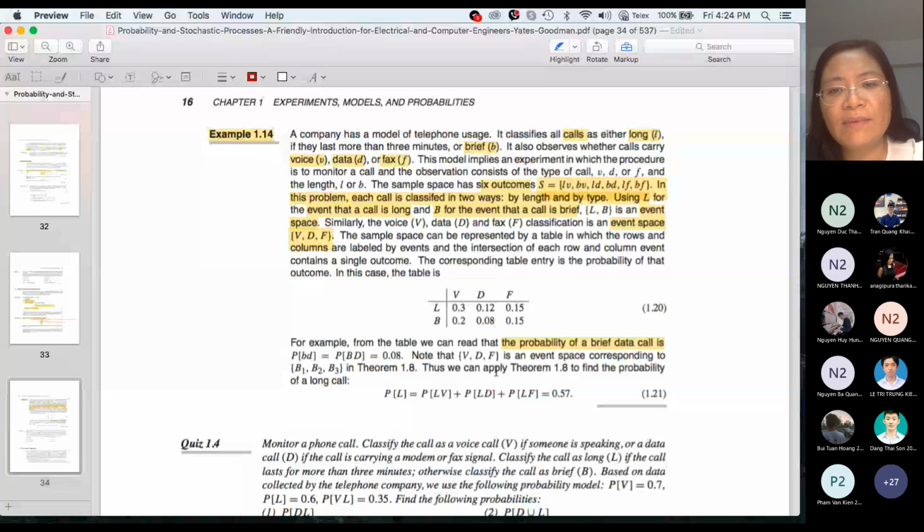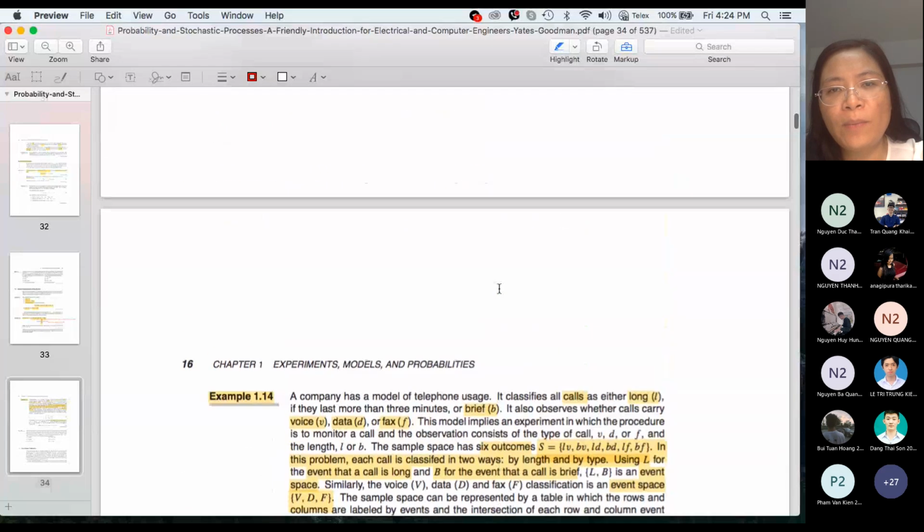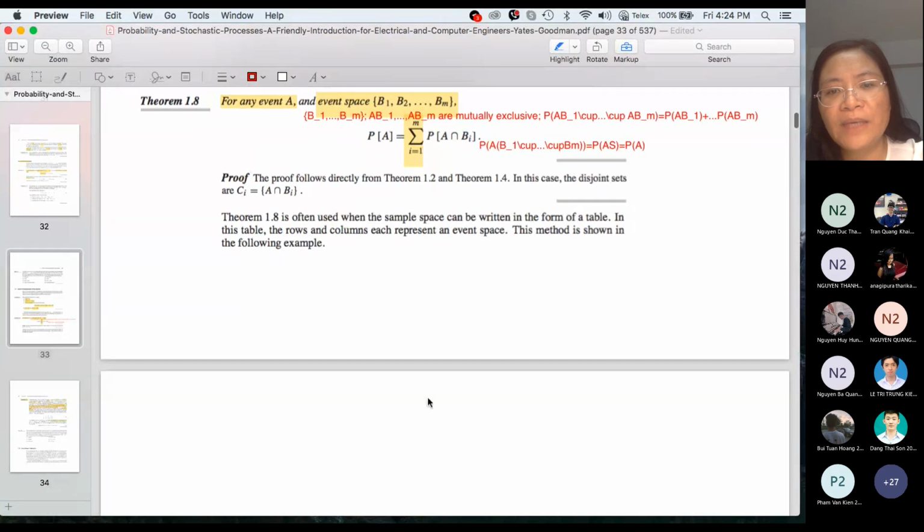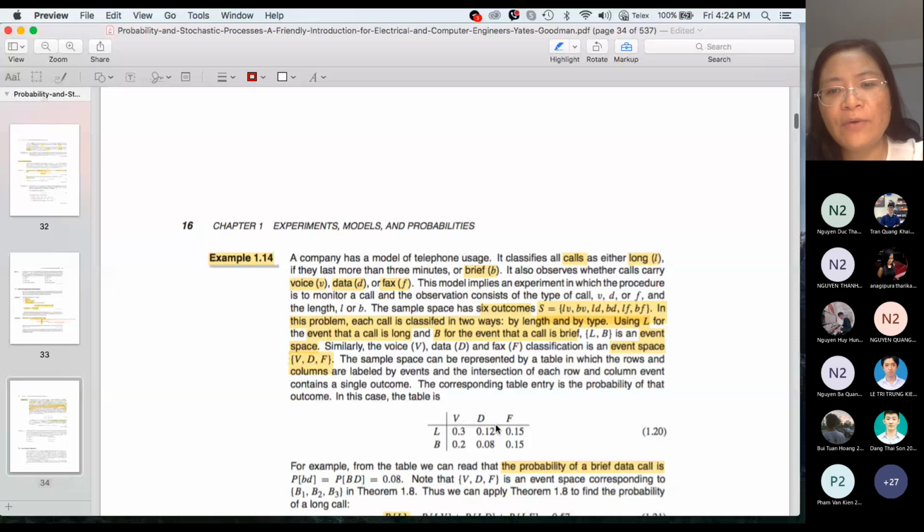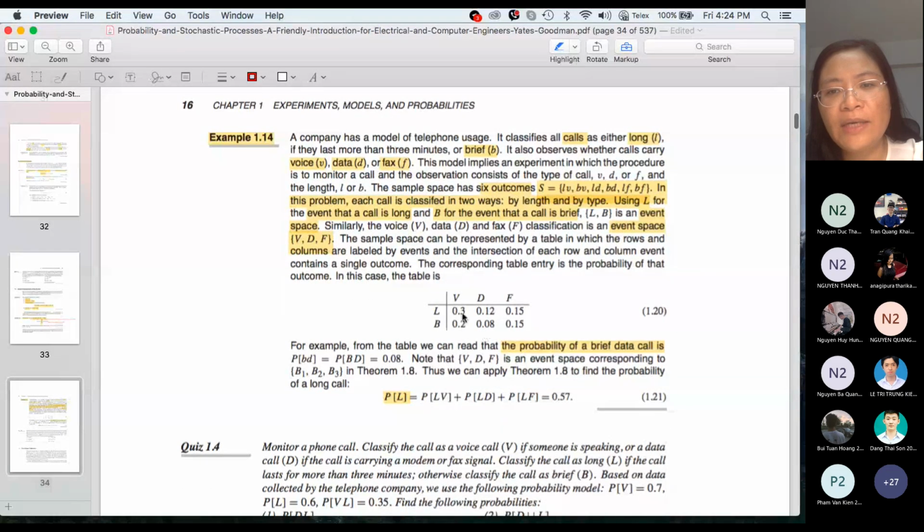Thus, we can use Theorem 1.8 to find the probability of long. The probability of long is the sum of long voice, long data, and long fax. So it equals 0.3 plus 0.12 plus 0.15, so it equals 0.57.